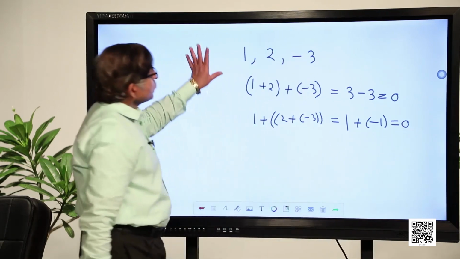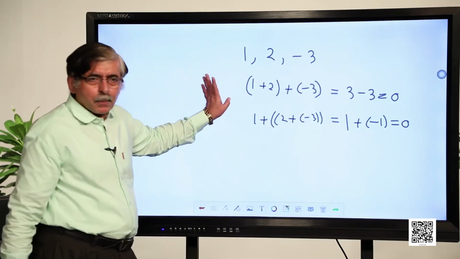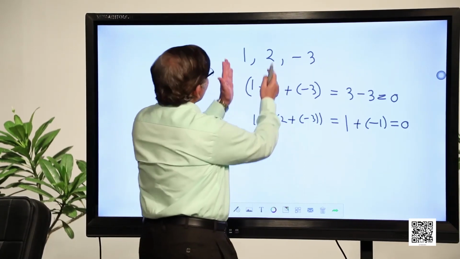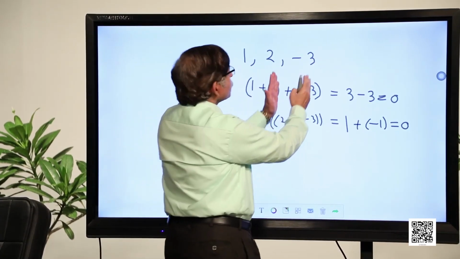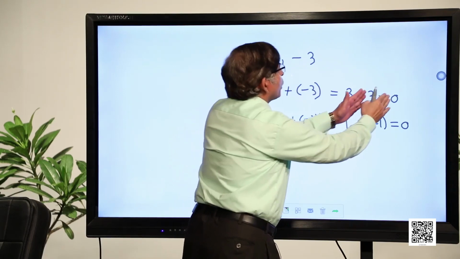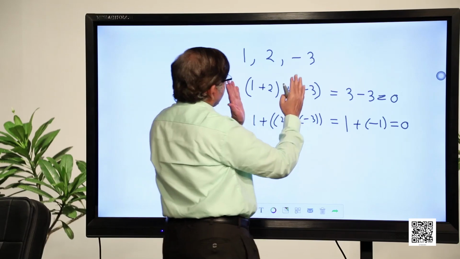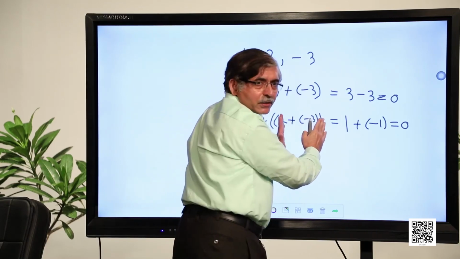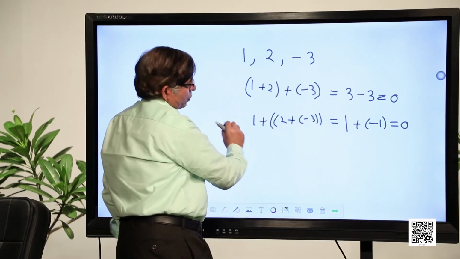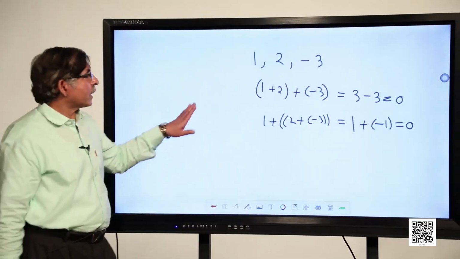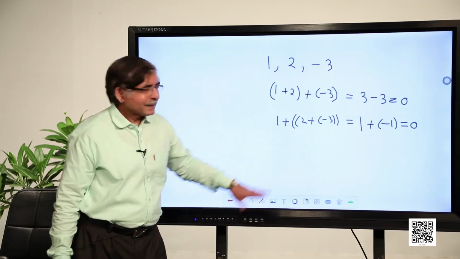So, in the first case we add the first two integers, then the third integer, and we got 0. In the second case, we are adding the last two integers with the first integer, and we got 0. So, in this case we found that both are equal.